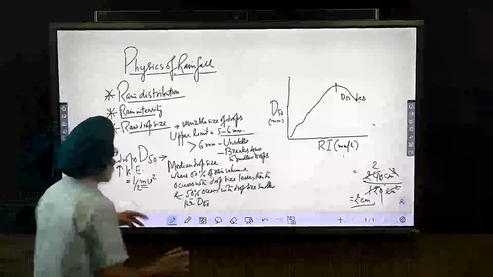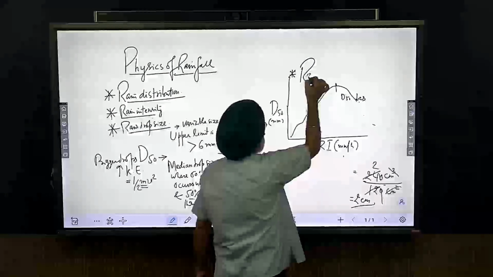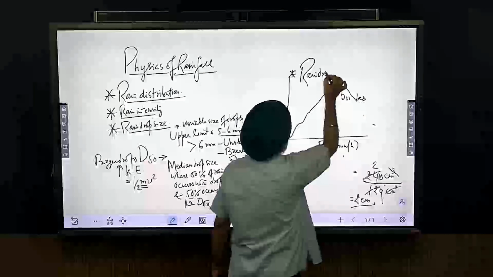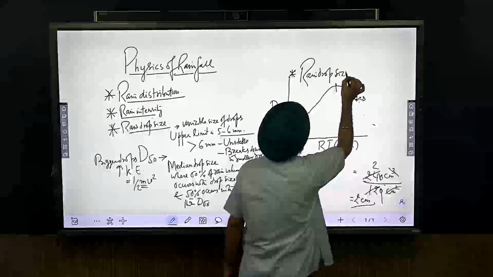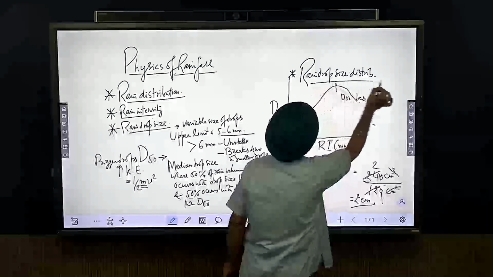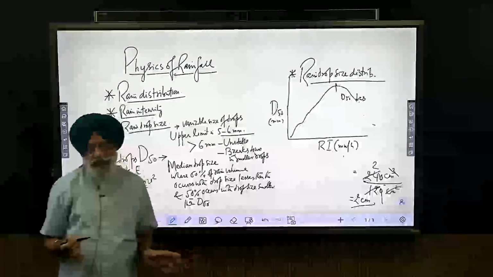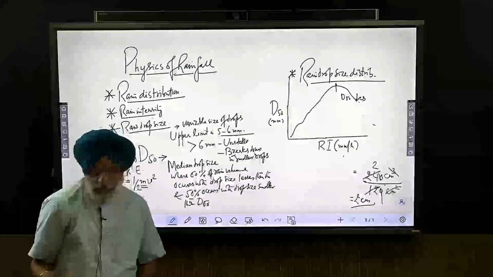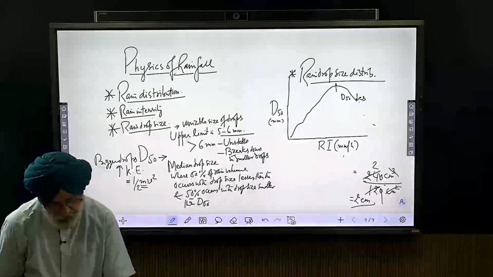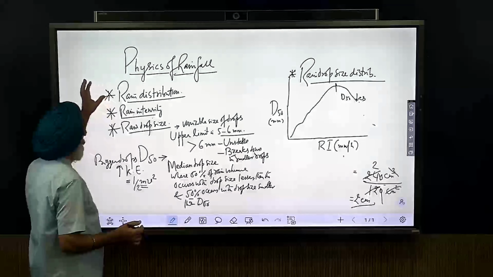So, this is a raindrop size distribution over here. Next parameter, and the best parameter for this is D50, as we have discussed. Till this time we have discussed quantity of rainfall and distribution of rainfall.